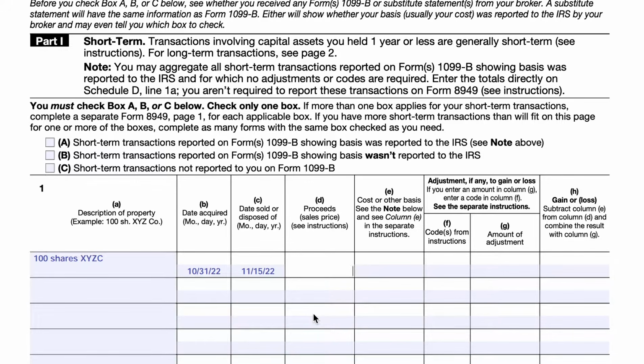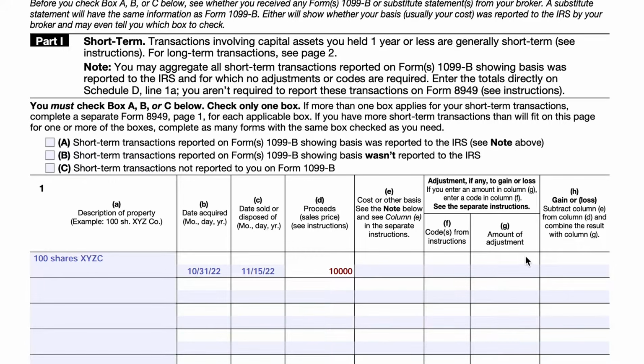If there are selling expenses that were not reflected on your statement, then you will need to enter E in column F, which is one of the codes from the form instructions, and then you would make the adjustment here. So let's just imagine for a second that you sold these shares for $100 each.